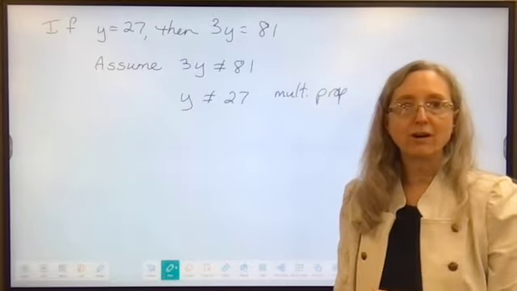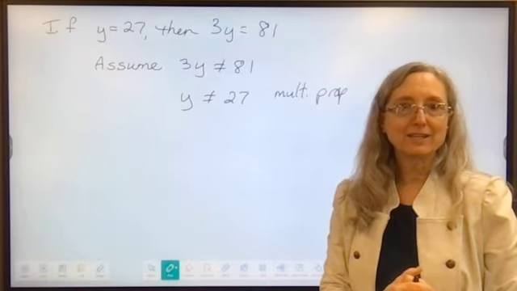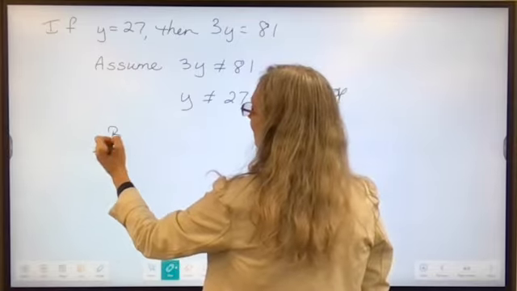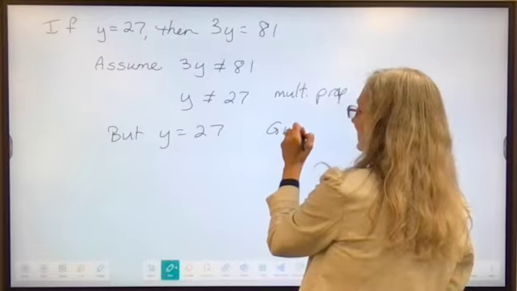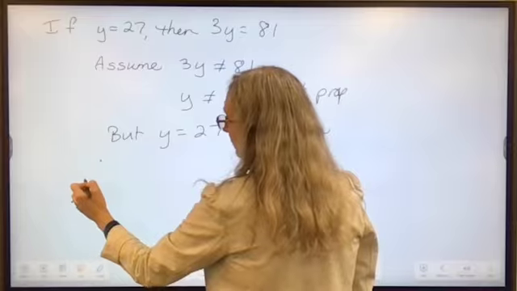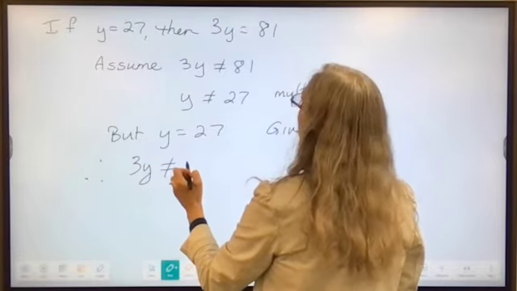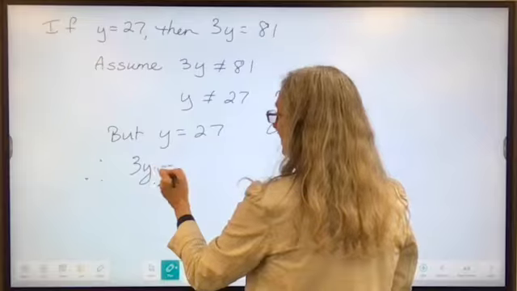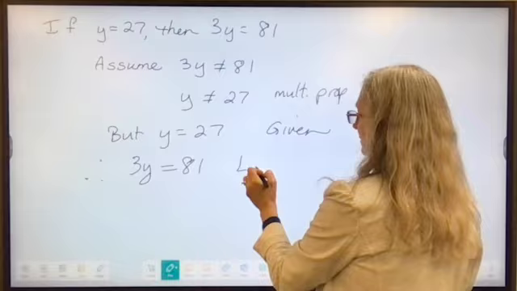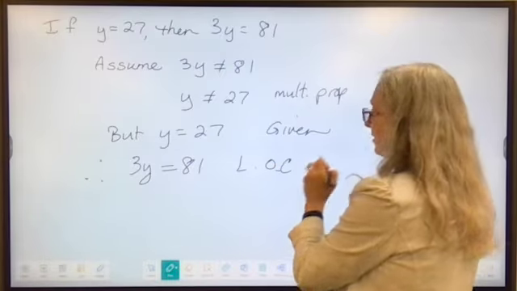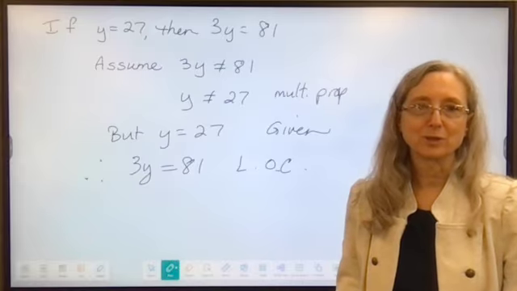Okay, good so far, except, whoa, that contradicts the given. But y does equal 27, that's given. Therefore, 3y does equal 81. And that's the law of contradiction. I'm just going to put LOC, law of contradiction.